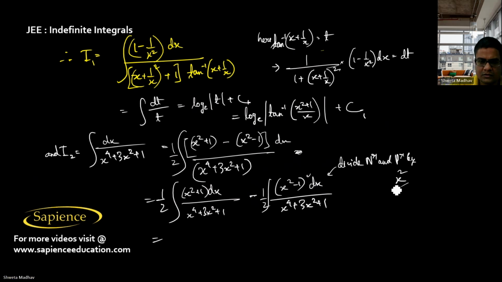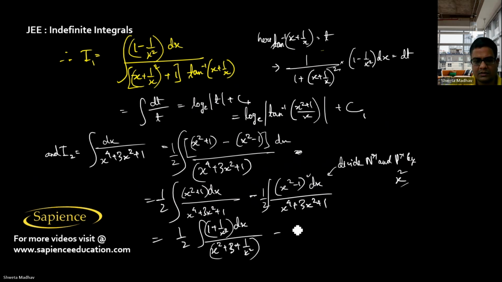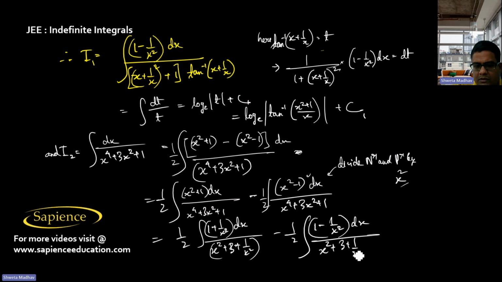So then we will get half of the integral of (1 plus 1 by x square) dx divided by (x square plus 3 plus 1 by x square), minus half of the integral of (1 minus 1 by x square) dx divided by (x square plus 3 plus 1 by x square).